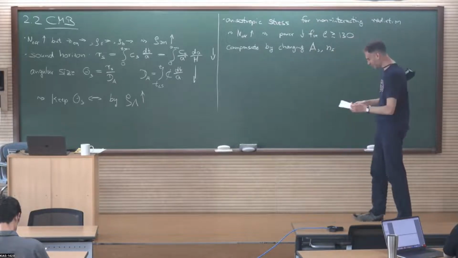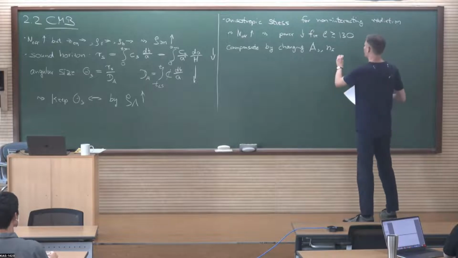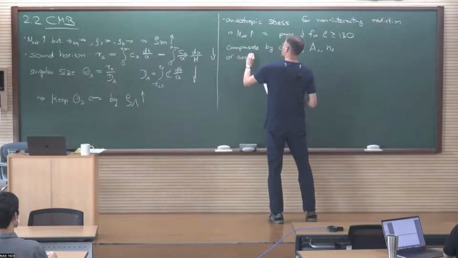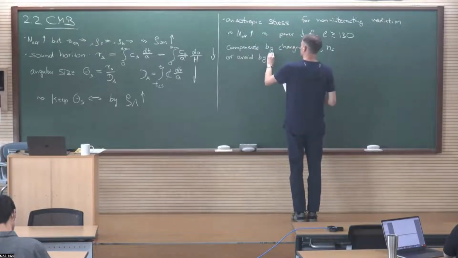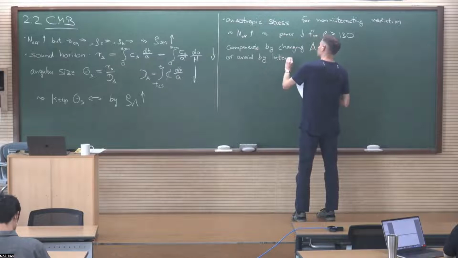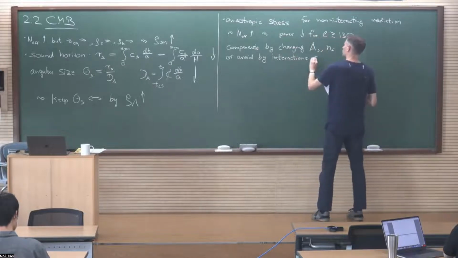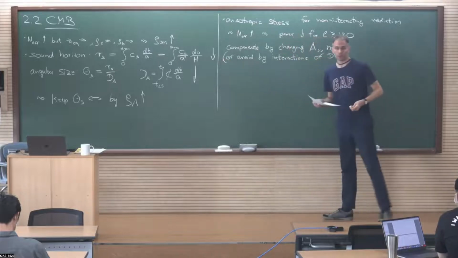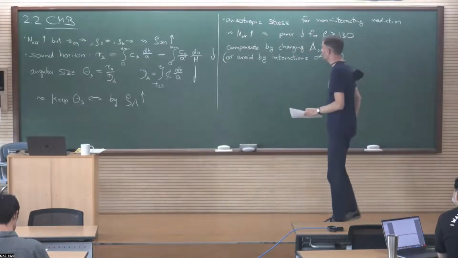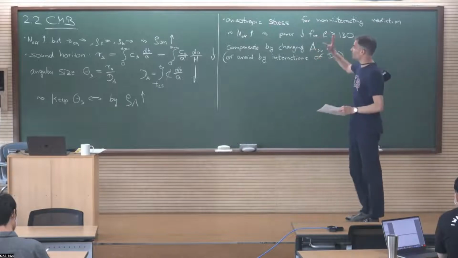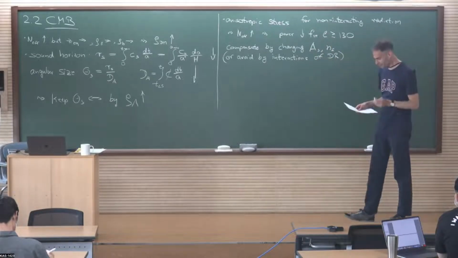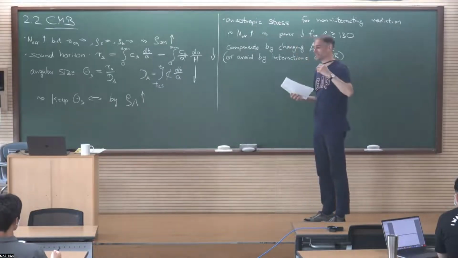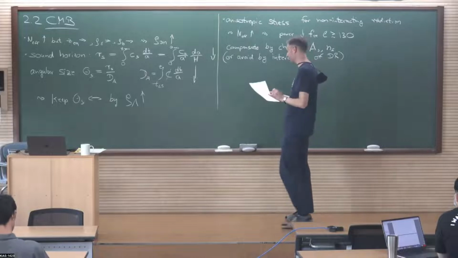Or avoid by interactions of dark radiation. Good. So just to mention this as well. And then we can finally come to the point where something happens eventually, and that's Silk damping.